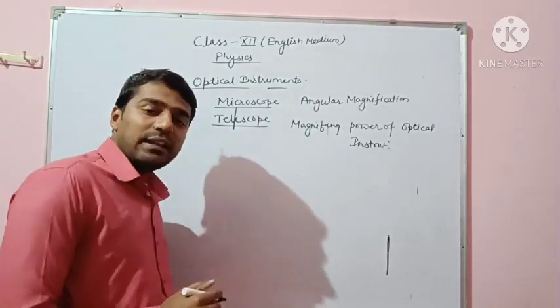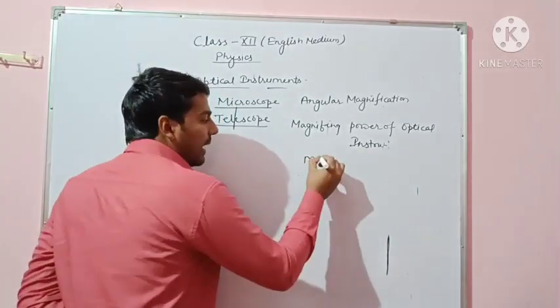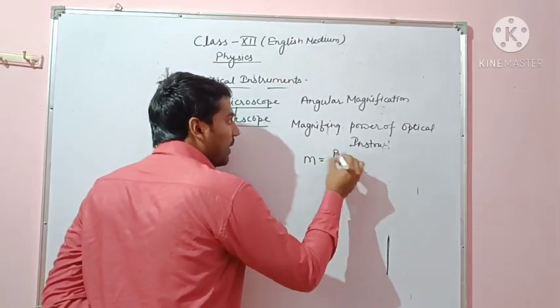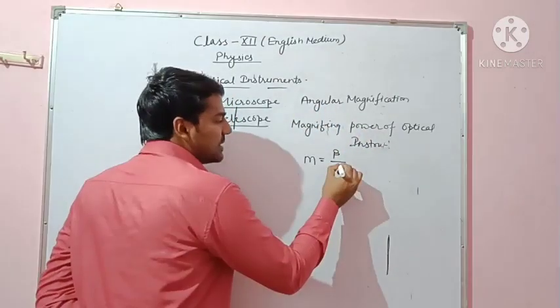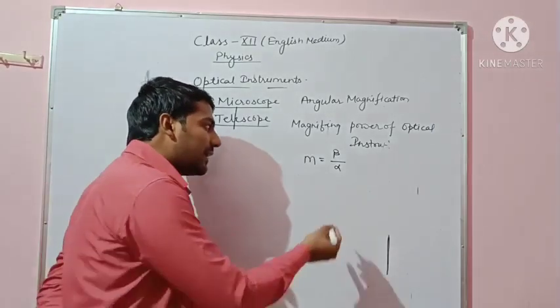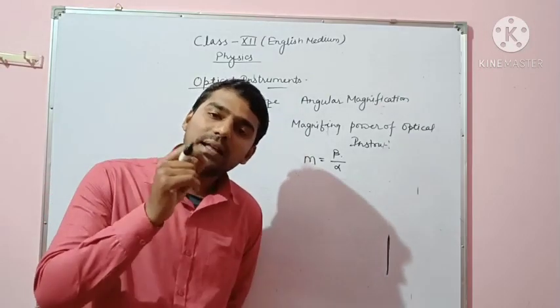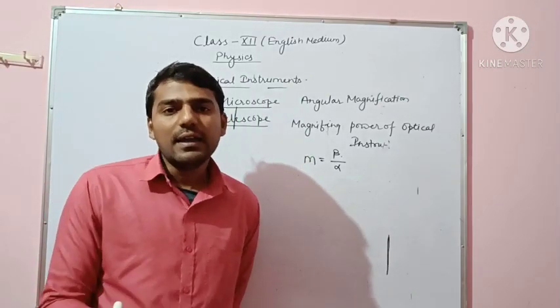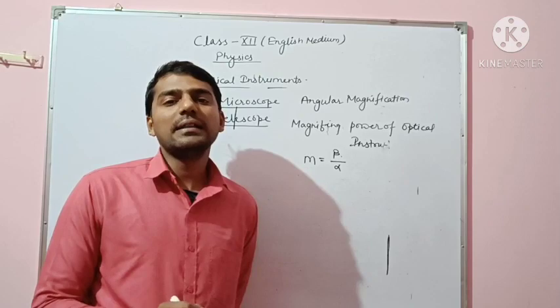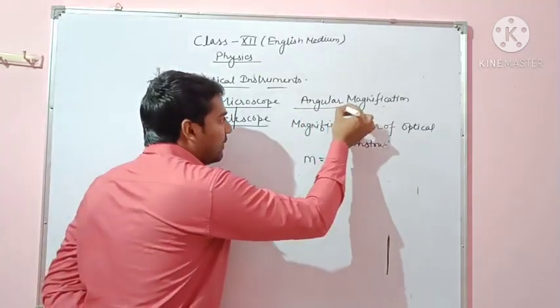What is angular magnification? It is represented by small m, and the formula of angular magnification is beta upon alpha. It means the ratio of the angle subtended by the image at the eye and the angle subtended by the object at the eye is called angular magnification.